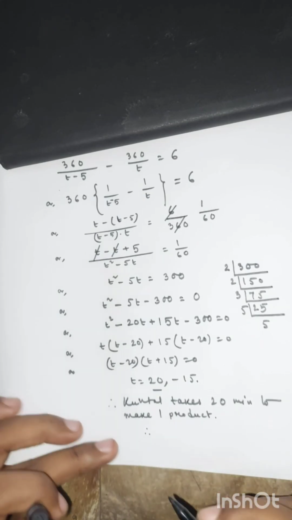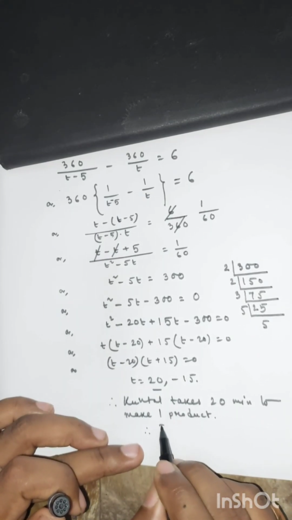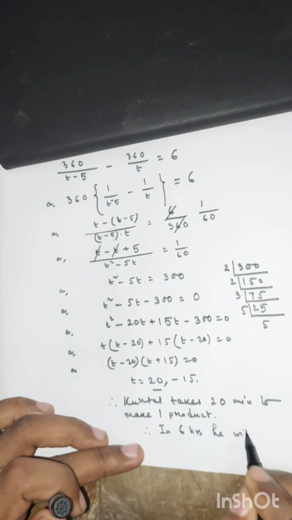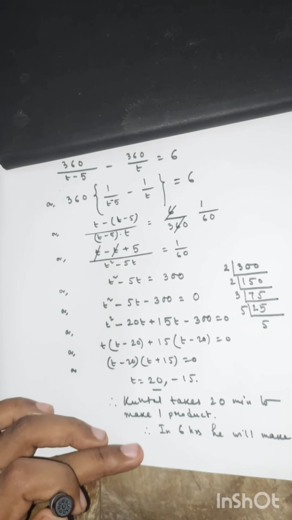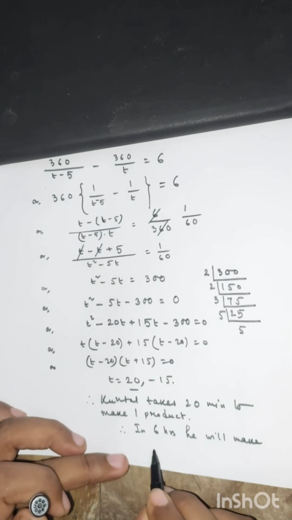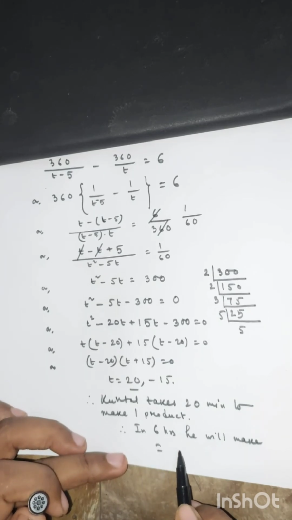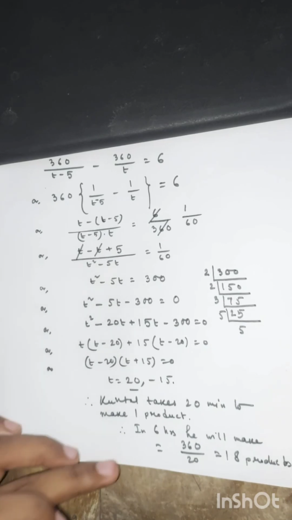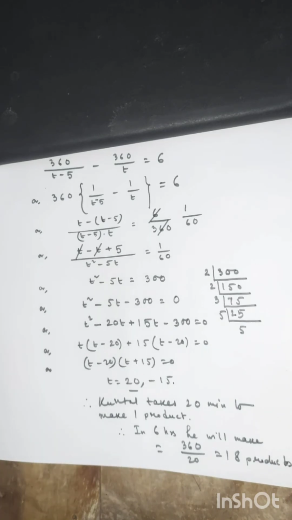Therefore, in 6 hours he will make 18 products. So this is our answer.